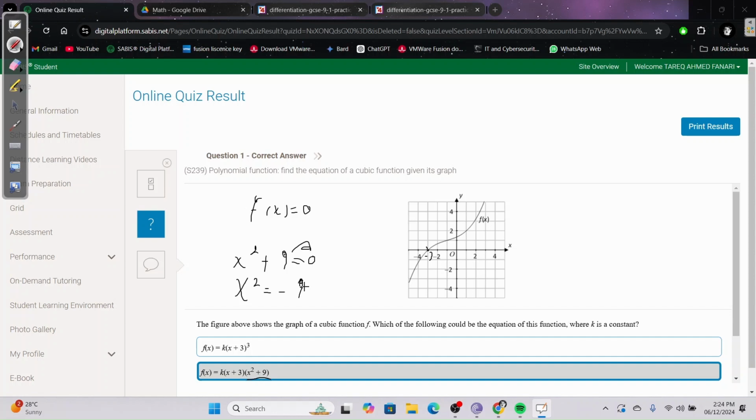The only way this is possible is if you express it using a complex number, which I won't get into, but the imaginary or complex solution is going to be x equals 3i. This is the solution to this, where i is an imaginary number. This you don't need to know, and I won't get into it because then it's gonna get really complicated and messy.